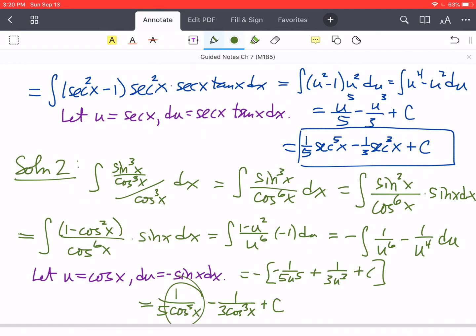And now we have the 1 over cosines, which can turn into secants. So this becomes 1/5 secant to the 5th of x minus 1/3 secant cubed of x plus c.